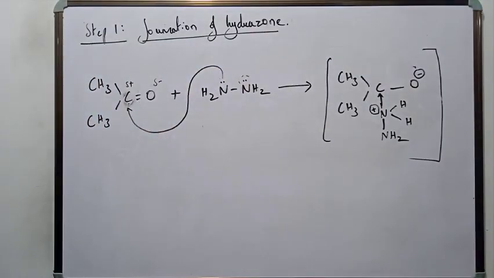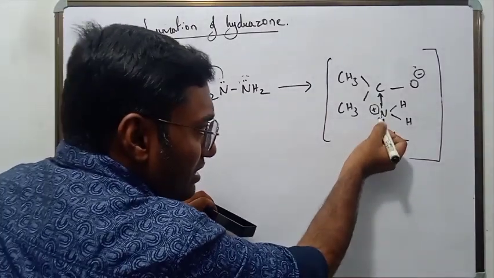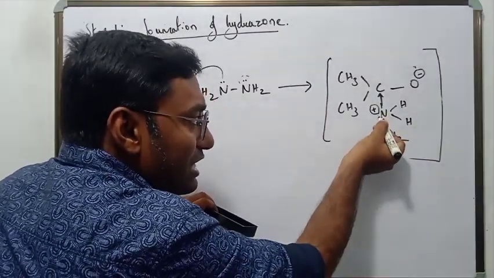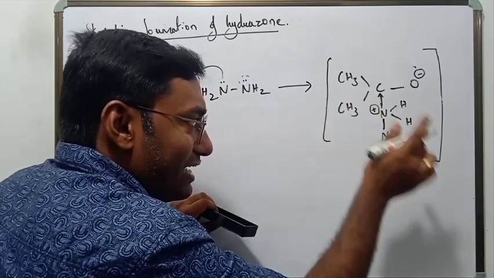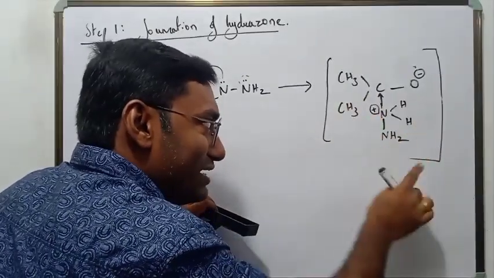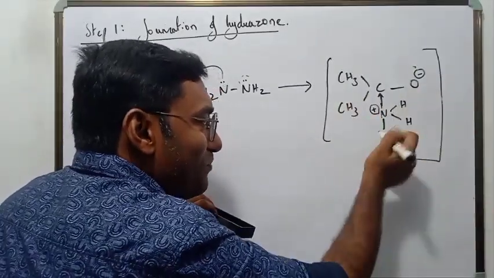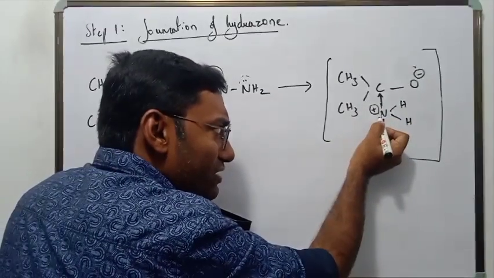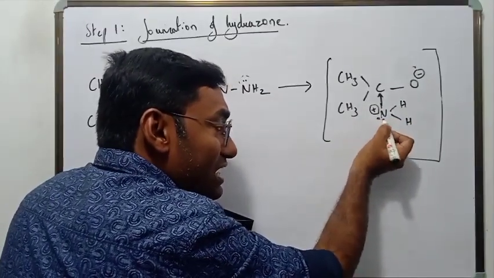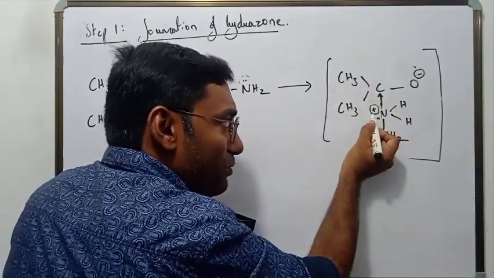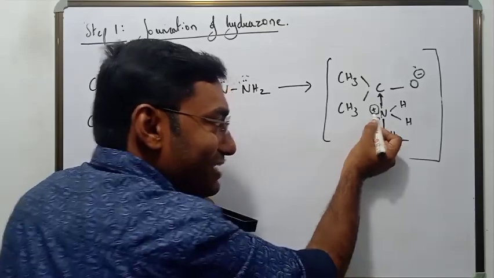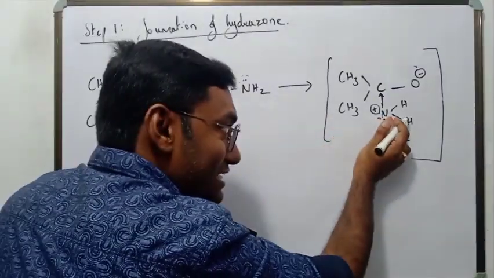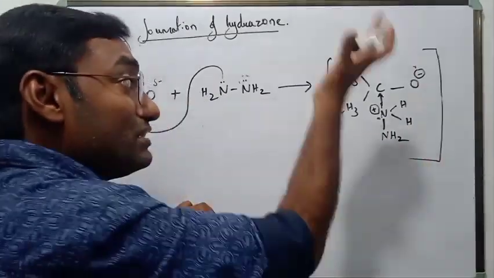Now look at the situation of this nitrogen atom. Nitrogen is electronegative, and its electronegativity is further enhanced by a positive charge over it. If there is a positive charge on the nitrogen atom, electronegativity will further increase.